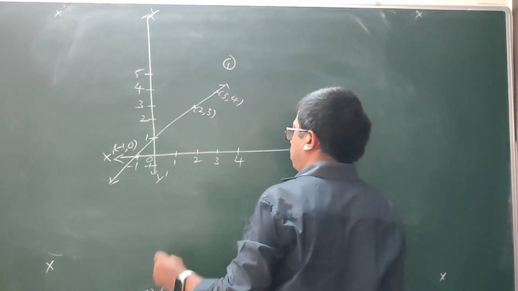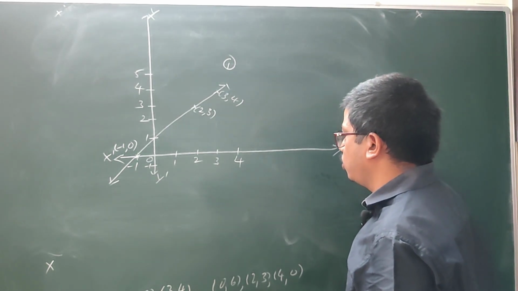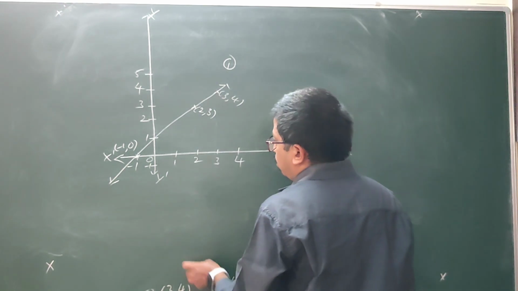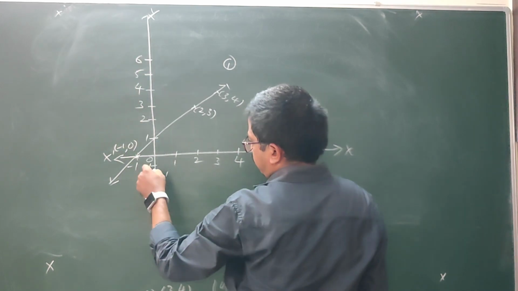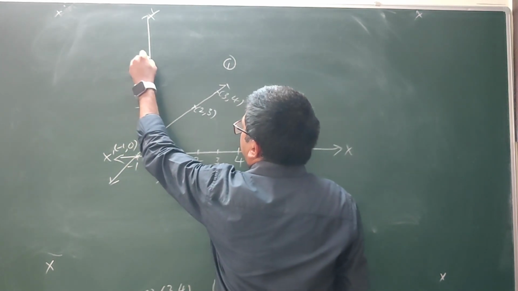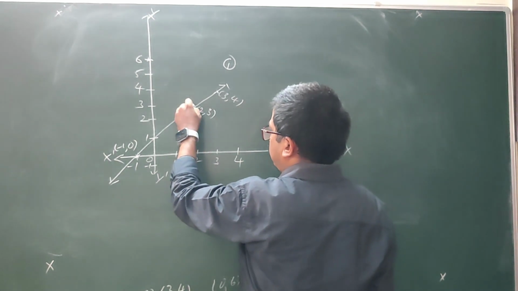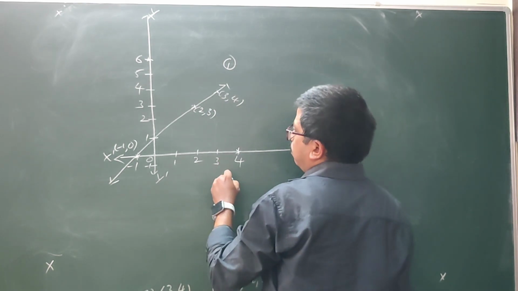Now let me plot points for equation 2 and join them. So for 0 it is 6, and for 2 it is 3, for 4 it is 0.